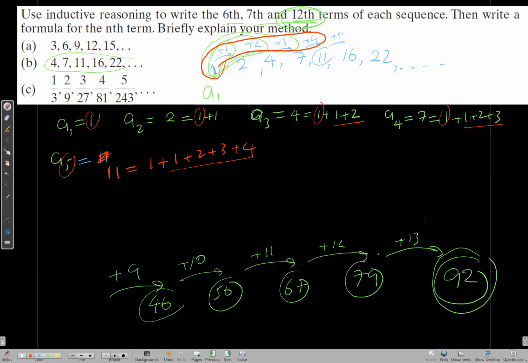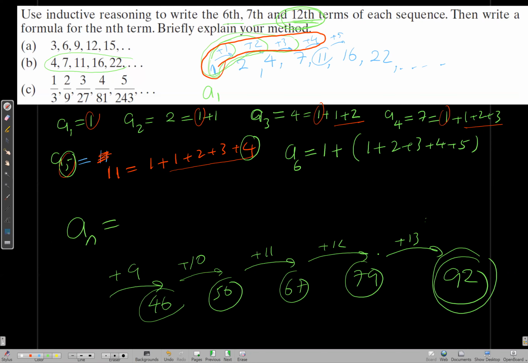So for the sixth term, let me write it down. The sixth term is going to be 1 plus, and let me put a parenthesis, 1 plus 2 plus 3 plus 4 plus 5, right? Because for 5, you had 4 here, so for 6, you must have 5. So now we see a pattern.